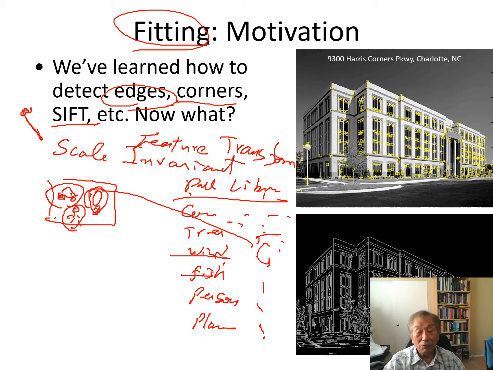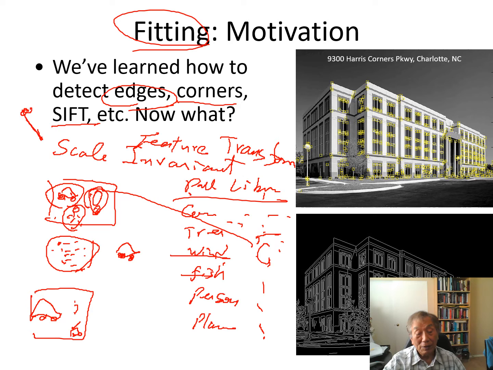To do that match or fitting, we need this library. We did one way where we fit pixel by pixel, but that takes too long and doesn't work on many occasions. Even if our pattern library says this is a car, the actual object may be bigger, or very small when it's far away, or turned around, or rotated.